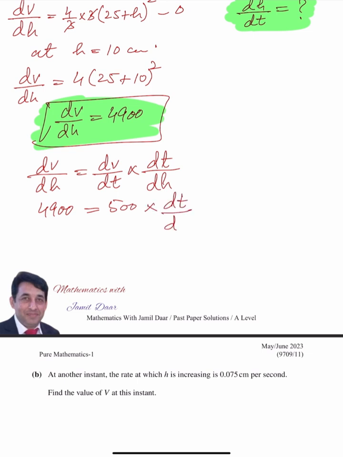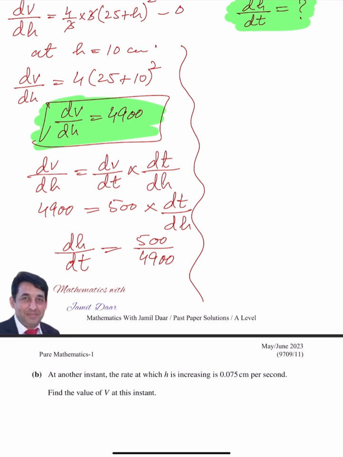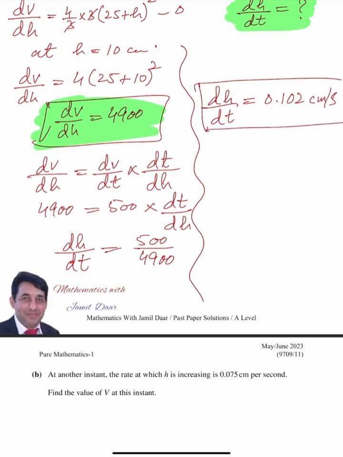As we need to find dh over dt, we'll take the reciprocal and bring it to the other side. This will become 500 over 4900. So dh over dt is equal to 0.102 centimeter per second. Hope you have understood the concept. So this is your answer.